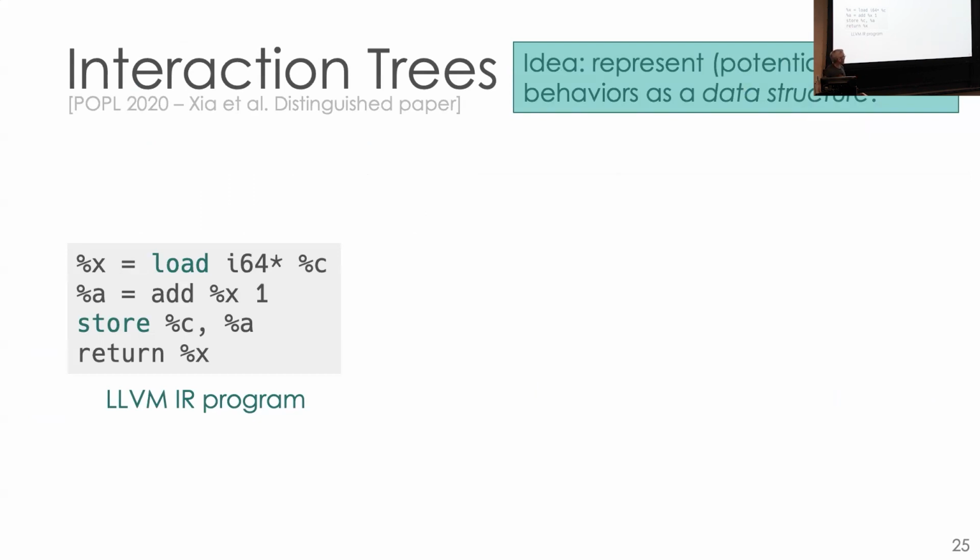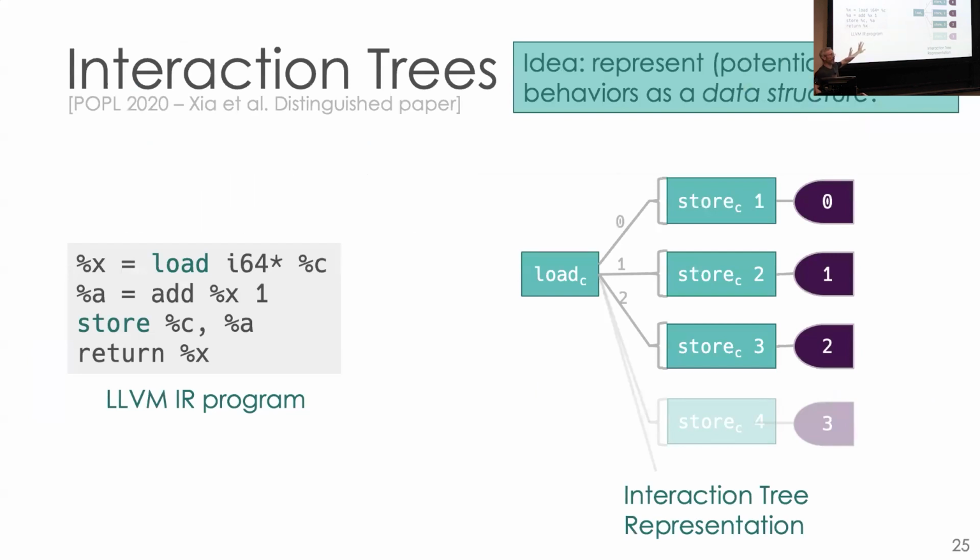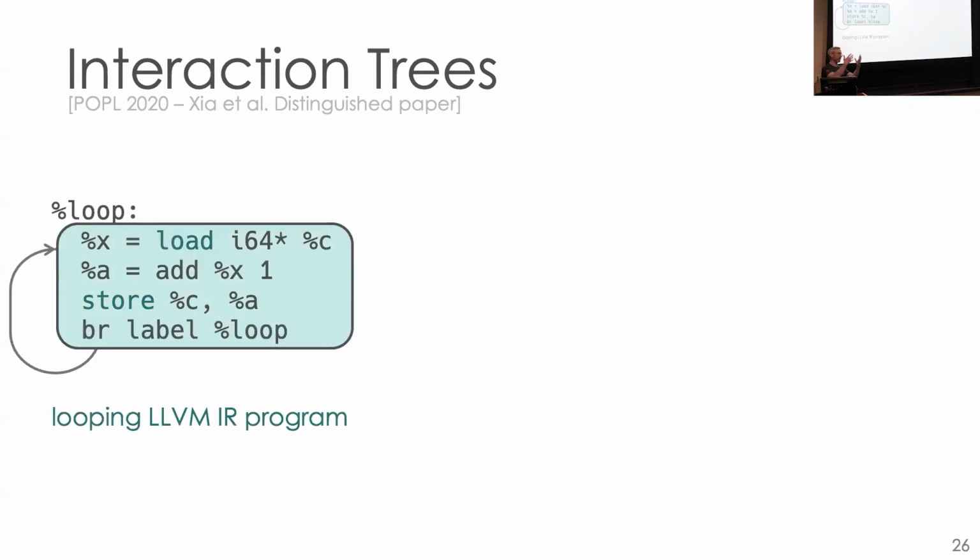Pictorially, you've seen several lectures about ITrees, but when I give this sort of bridge talk, this is a sketch. If we have a load followed by an add and then a store, we have load and store events in our ITrees. One interesting thing is deciding what the events in our ITrees are.